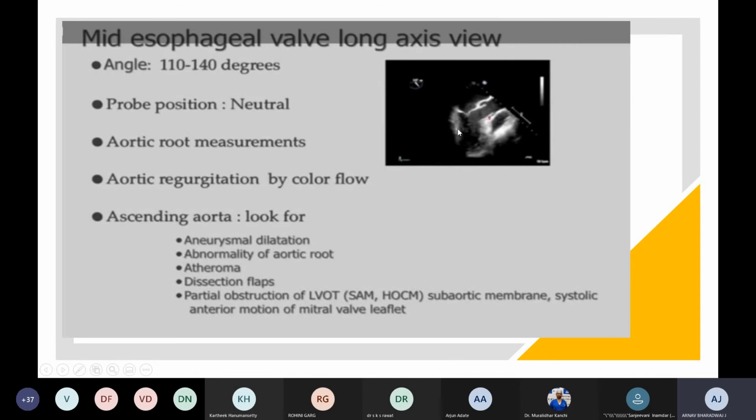By putting color flow Doppler, we can see whether there is any flow acceleration at the LVOT depicting stenosis, and we can see the AR jet, and it helps in eyeballing the grading of the AR jet in this view.